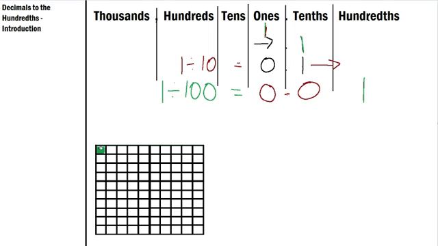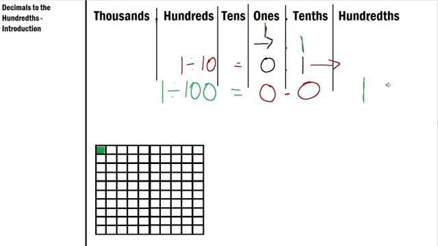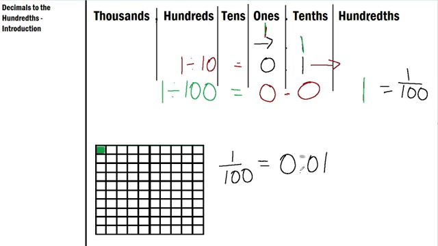And you can actually write this also as a fraction. That's 1 divided by 100, or 1/100th as a fraction. 1/100th as a fraction is the same as 0 and 1/100th as a decimal.